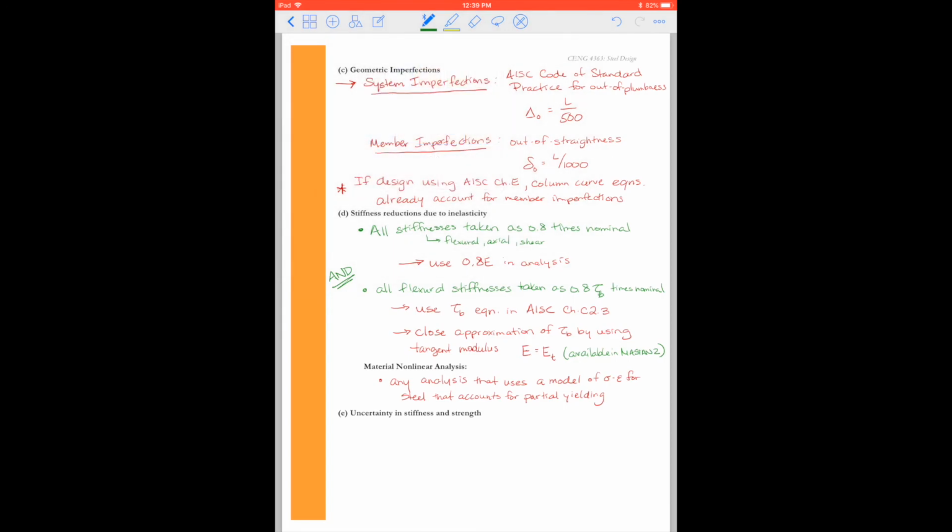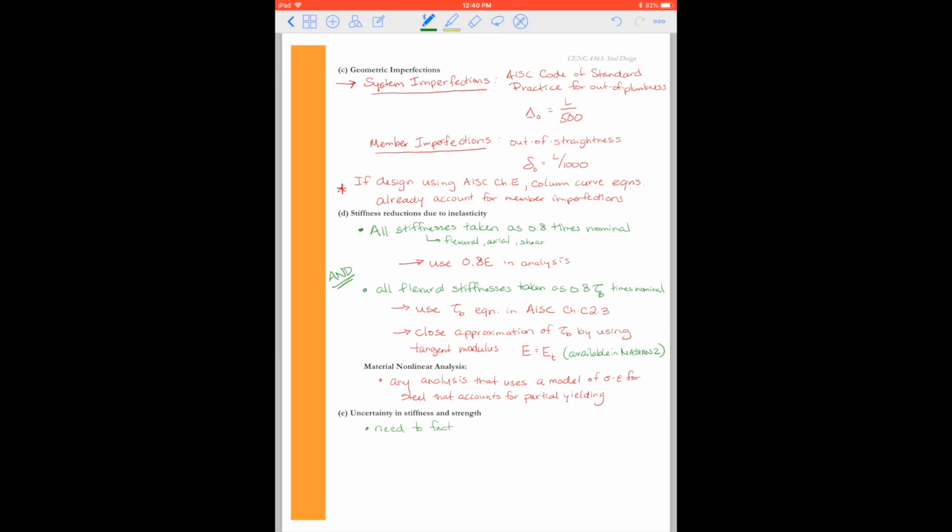All right, and the last item of the big five, E, is the uncertainty in stiffness and strength. All this means is we need to account for uncertainty in stiffness and strength. So how do we do that in practice? Well, we use our LRFD methodology.